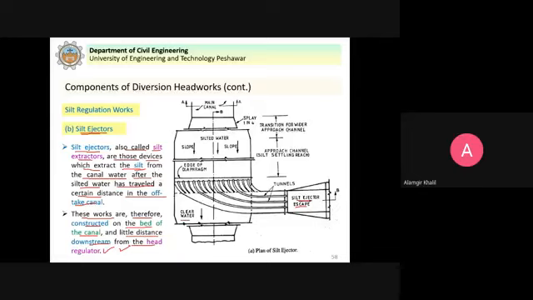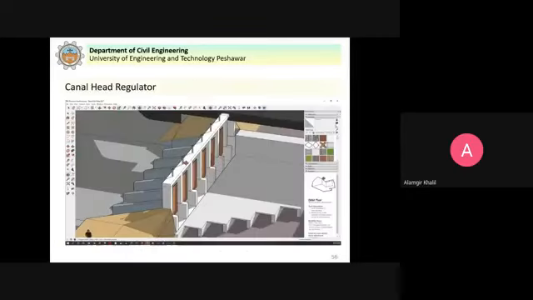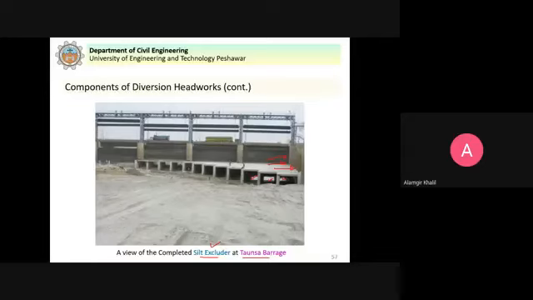Now remember one point at this stage: which are better, silt excluders or silt ejectors? In silt excluder, if I go back to this picture here, we have the river water which is coming here, we have the divide wall on this side, we have the under sluices, you can see here, and then the canal head regulator.